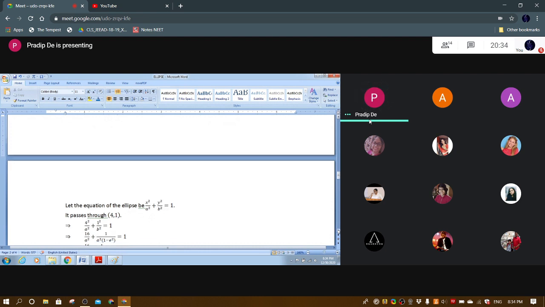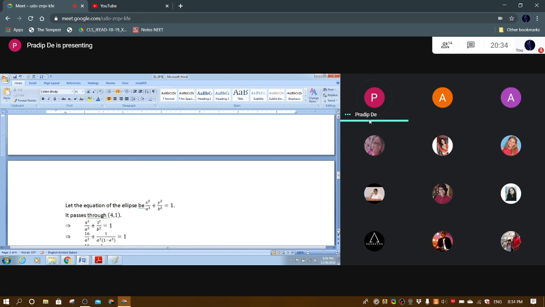Now we use the relation b square equal to a square (1 minus e square). Can you find a now? Do we know e? Is it given? So ae equal to 3. From there we can find the value of a.